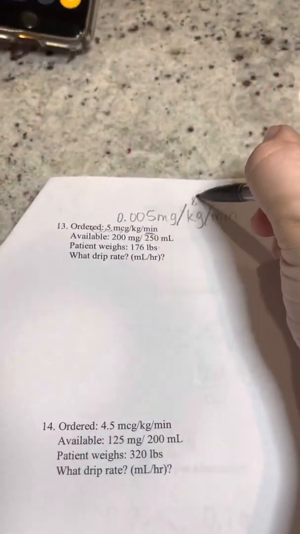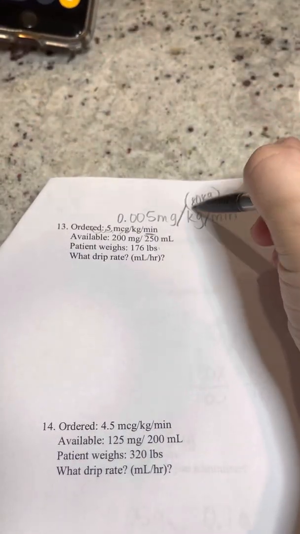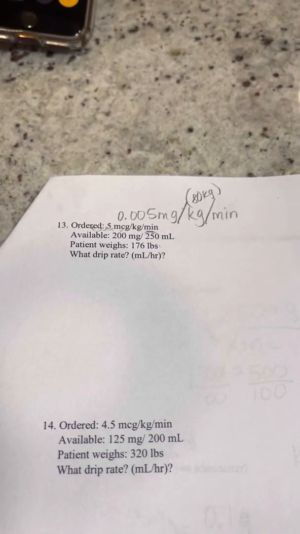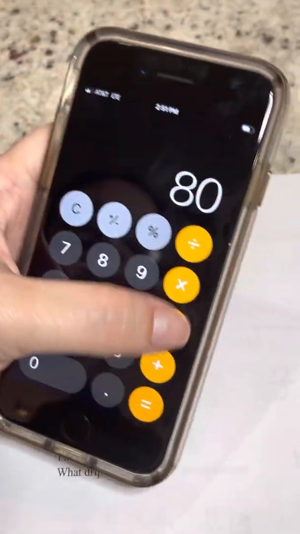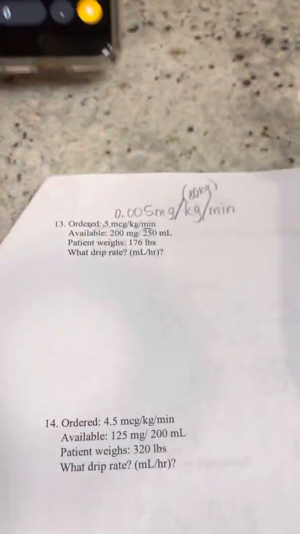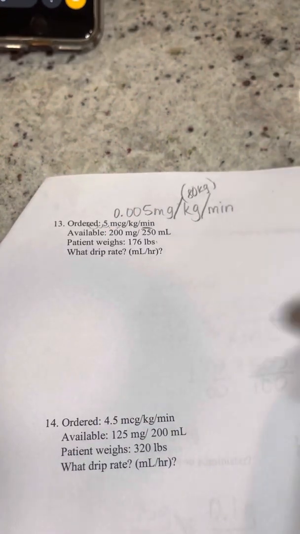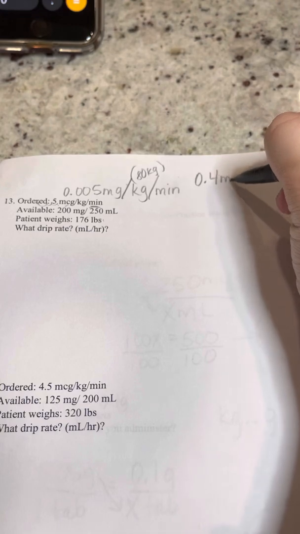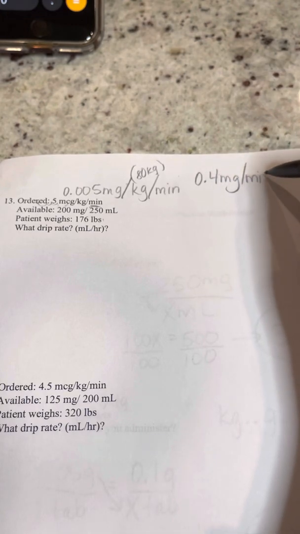So our patient weighs 80 kilograms. We're going to take our 80 and multiply it by our milligrams. 80 times 0.005 is 0.4. So our patient needs 0.4 milligrams per minute.